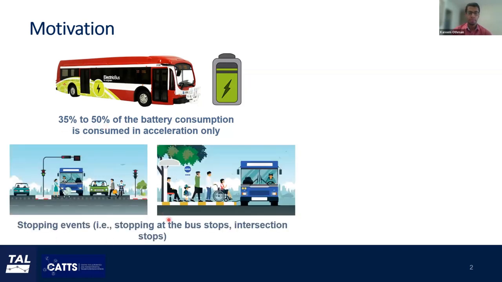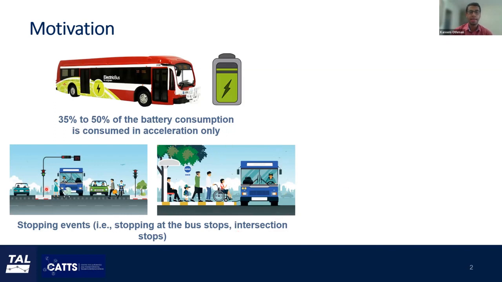And usually buses are stopping at two main locations. The first one, buses stop for dwelling, for boarding and alighting, allowing passengers to board and alight. And the second one is a bus stopping at the intersection. So if you want to control the stop and go events, you have to control one of these two. But we cannot avoid any stopping for dwelling.